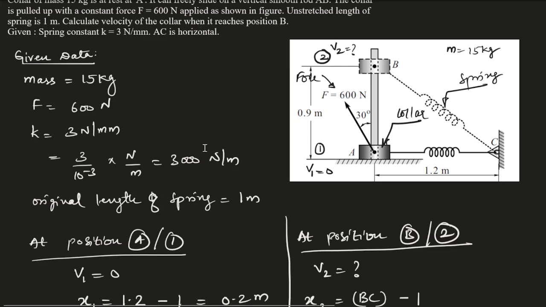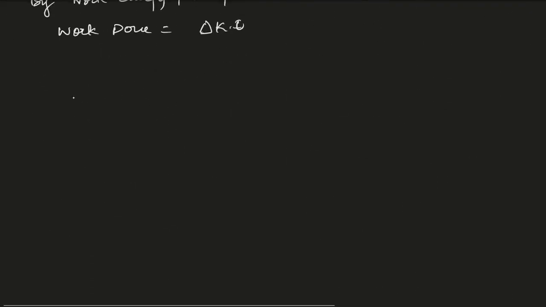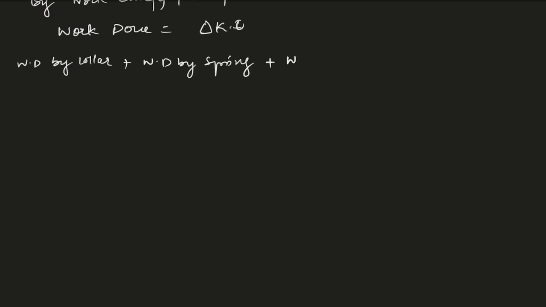So first we'll write the work done by the collar, plus work done by the spring, plus work done by the force. This is equal to change in kinetic energy.